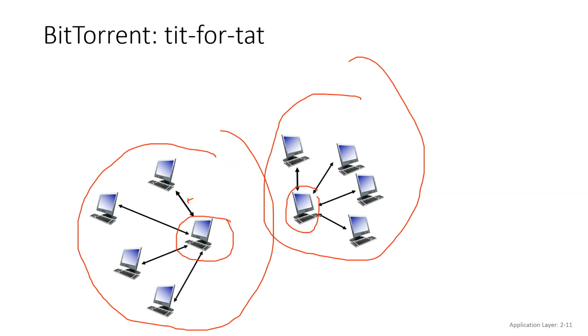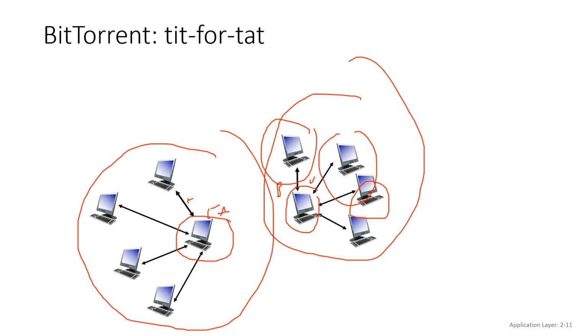But let's assume that here is Alice and here is Bob, and Bob is being choked. Bob is being choked because he doesn't have the other chunks that the other computers are requesting. This is an issue. But in this other group, they do have that chunk.